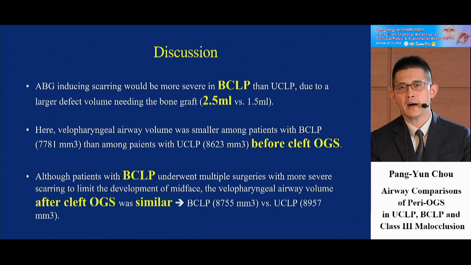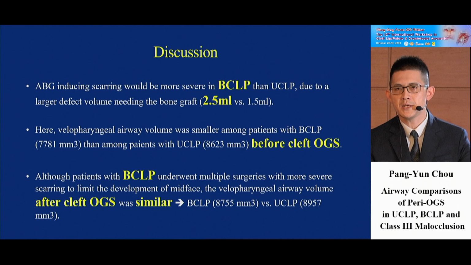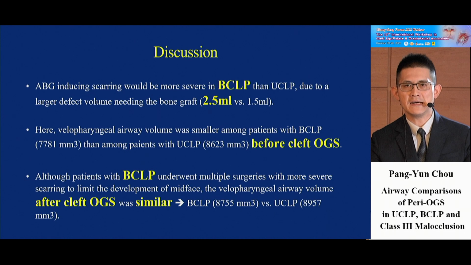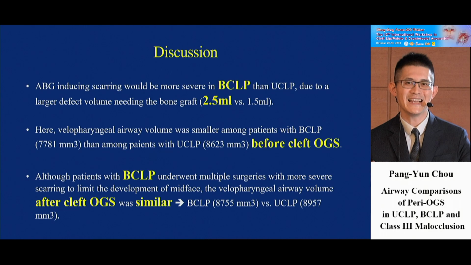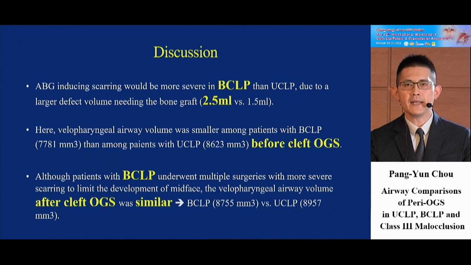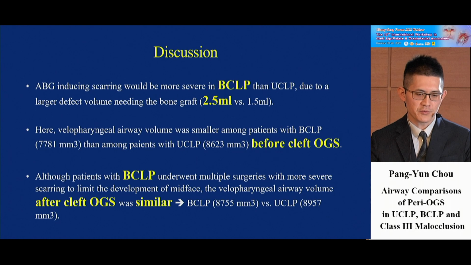A hypothesis is that probably because the BCLP patients accumulate more and larger defects, and they received on average more reconstructive surgery than the UCLP, those patients will show a limited airway before the OGS.